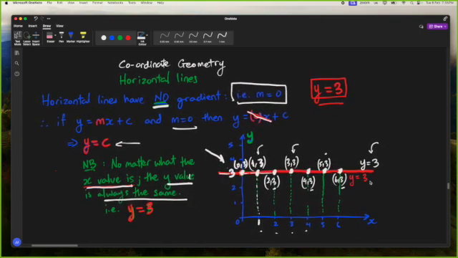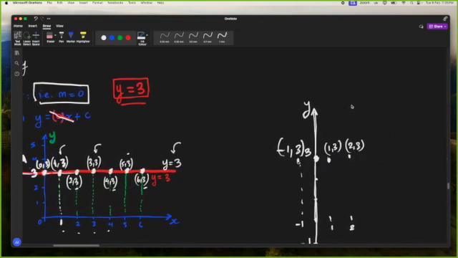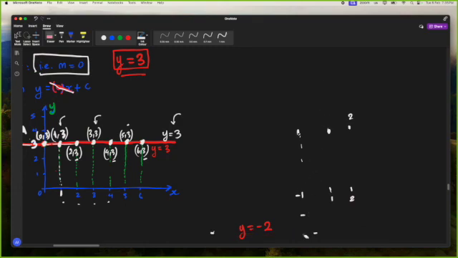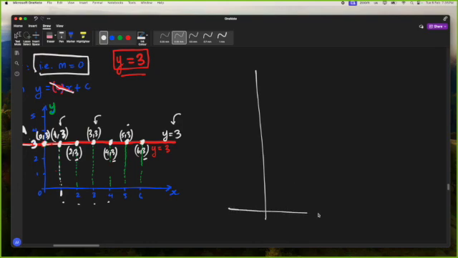So we see here that when we have a horizontal line, it will always take the form y is equal to something. Sorry about all of this scrappy stuff. If we had a y-axis and an x-axis, and this is 7, that horizontal line passing through will be the line y is equal to 7.